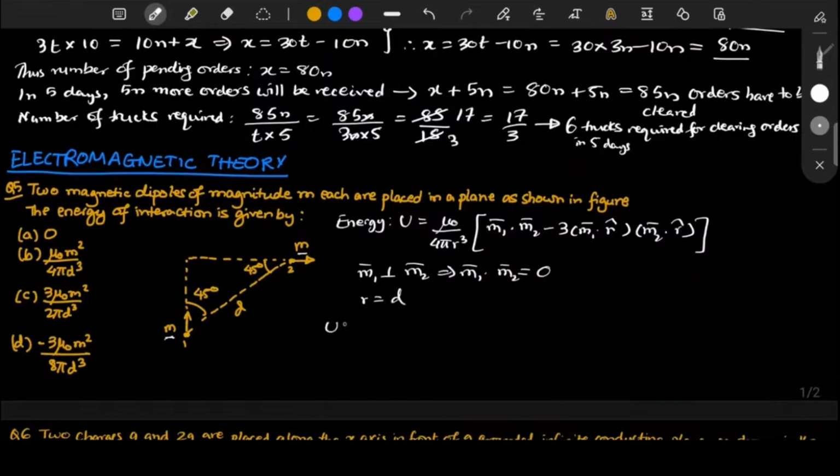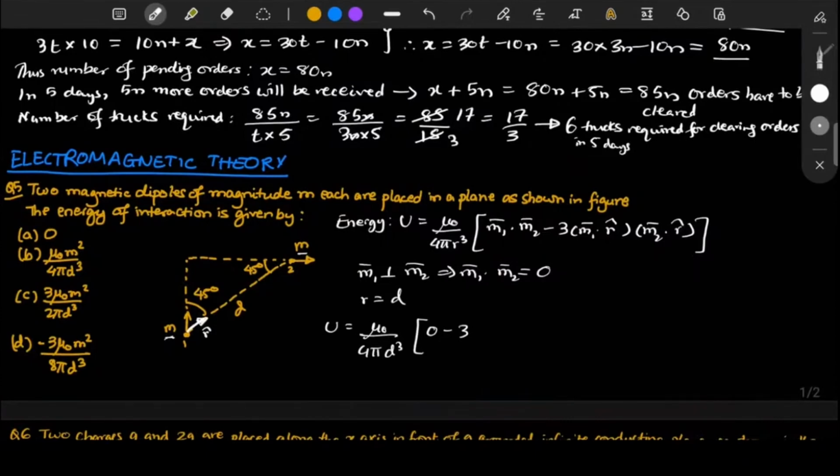So what we have is U is mu naught over 4 pi d cubed, because r is d. m1 dot m2 is 0, minus 3 m1 dot r cap. So this is r cap, this direction right here. So this direction is the r cap unit vector direction, which joins m1 and m2 along that line joining m1 and m2. So that is our r cap vector.